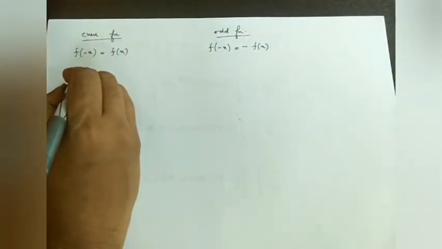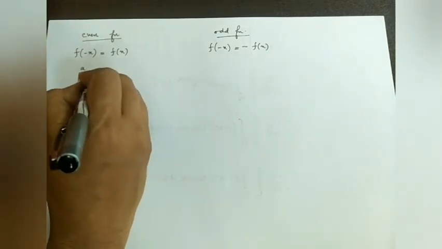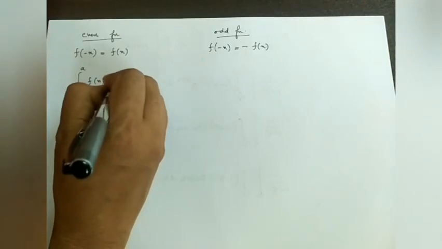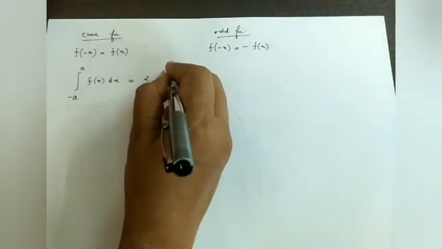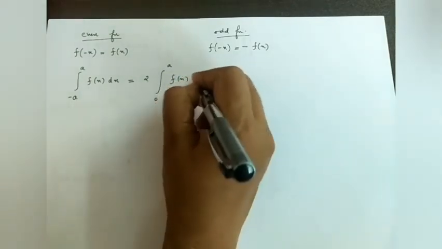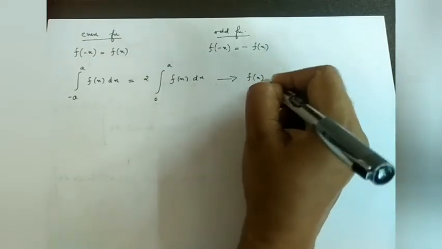Now another thing is that integral from minus a to a of f of x dx becomes equal to 2 into integral from 0 to a of f of x dx when the function f of x is even.